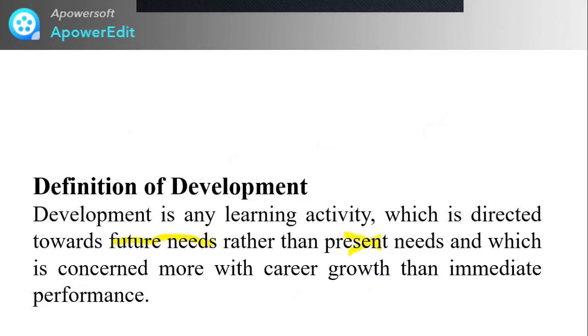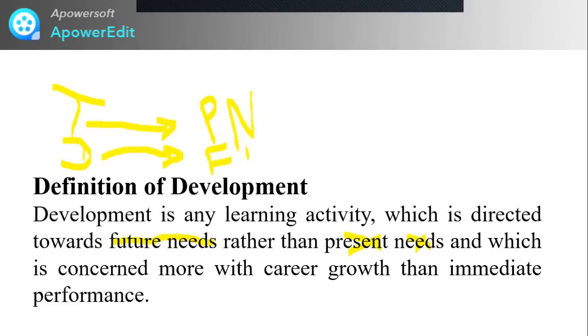Then training and development: training leads to present need, development leads to future needs, and is concerned more with career growth than immediate performance. Training is short term, development is long term.